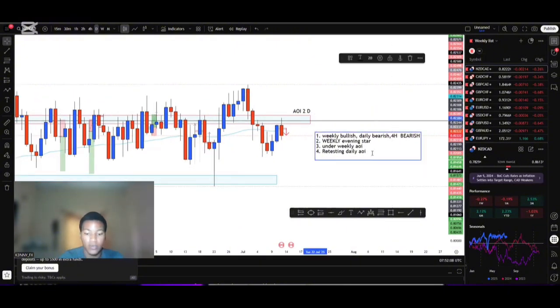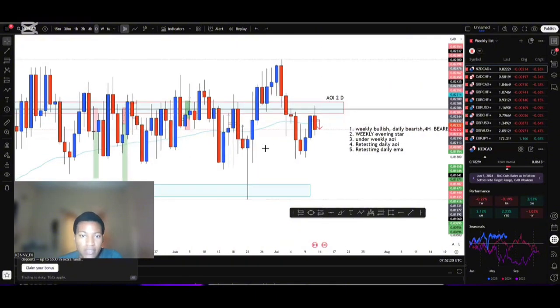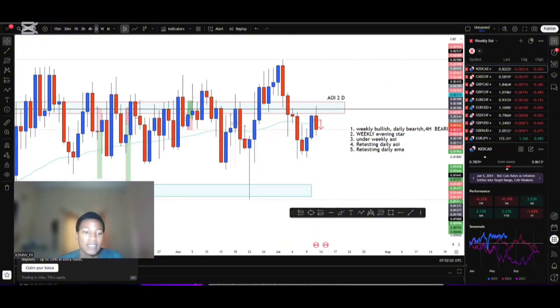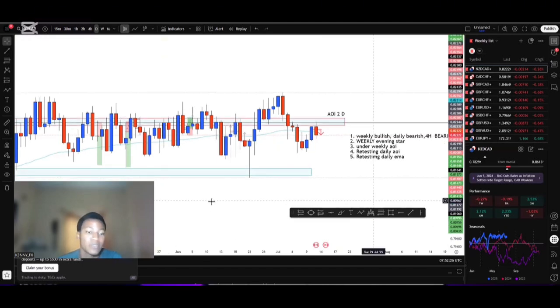Also, we have it retesting the daily EMA. The daily EMA is an indicator that, when price is above it, is used as a dynamic support, and when price is below, is used as a dynamic resistance.